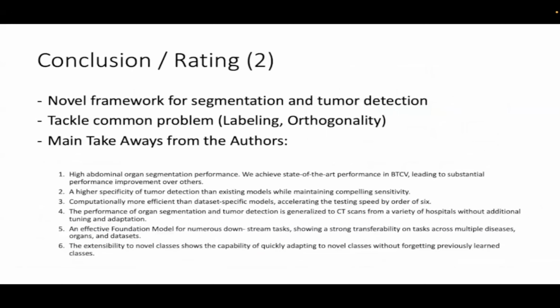So now, in conclusion, the authors have presented a model framework for organ segmentation and tumor detection, exploring the potential of these AI models utilizing assembled or collated data. With this, they were able to tackle label inconsistency and orthogonality by extending this framework to utilize CLIP embedding, allowing for the ability to utilize partially labeled data sets, and demonstrated that the proposed approach is not only effective, but efficient in performing its job.